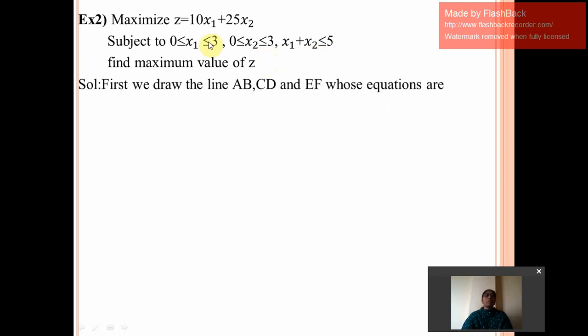First, we draw the lines AB, CD and EF, and their equations are x1 is equal to 3, x2 is equal to 3 and x1 plus x2 is equal to 5.